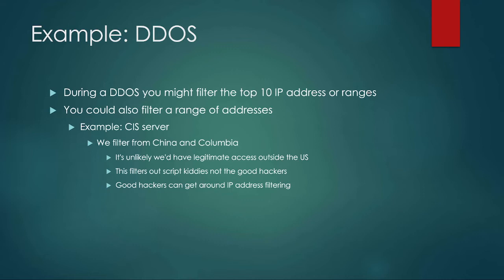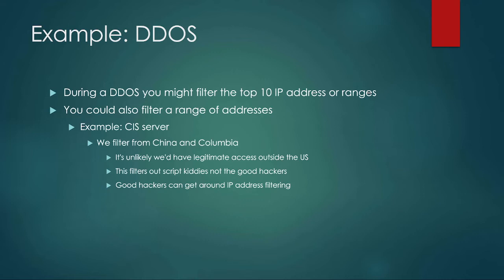I'll use the example of the CIS server again. So the server for the tech department, some of the things that we have to do to protect it, because there are students logging into it, is we have to think about who is logging in.